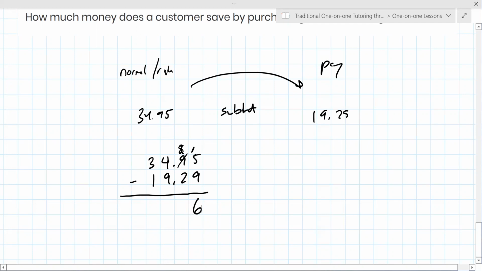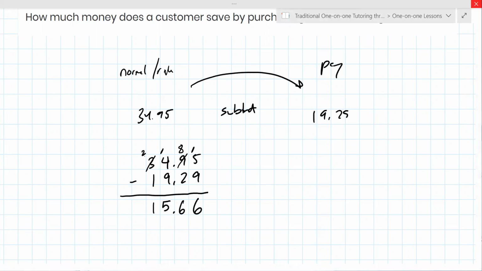And then the 8 is bigger than the 2, which is 6. And then you have the same problem again here. The 4 is smaller than the 9, so you borrow from the 3, that becomes 2. And you put 1 there, so it's 14 minus 9 is 5. 2 minus 1 is 1. So that is how much they save by paying the lower price.